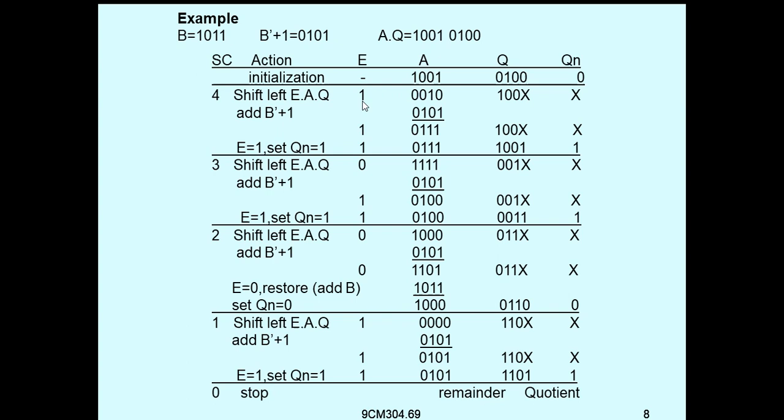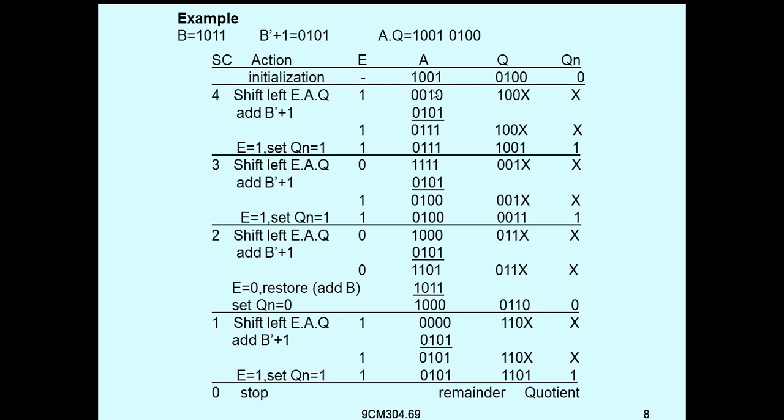So this 0 comes here, and then 1 0 0, nothing here. Then add B complement plus 1, which is 0 1 0 1, meaning that we are doing subtraction of the two numbers.